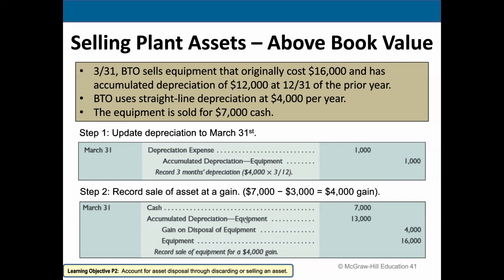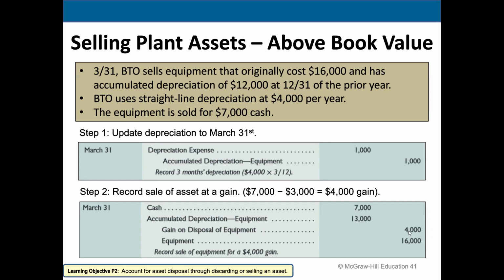I know I have a credit balance of 13,000 on my accumulated depreciation, so I'll debit that amount to bring that to zero. And I know that my asset has a debit balance of 16,000, so I'll credit that to bring that to zero. And now I can look at the difference. I've got 16,000 on the credit side and 20,000 on the debit side.